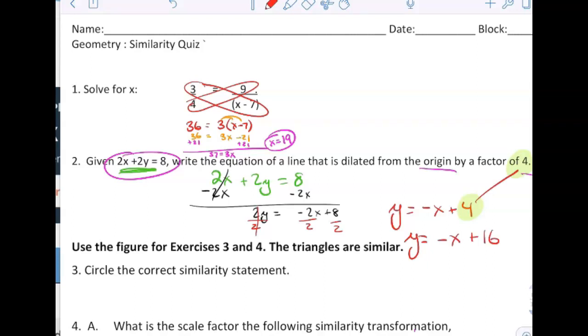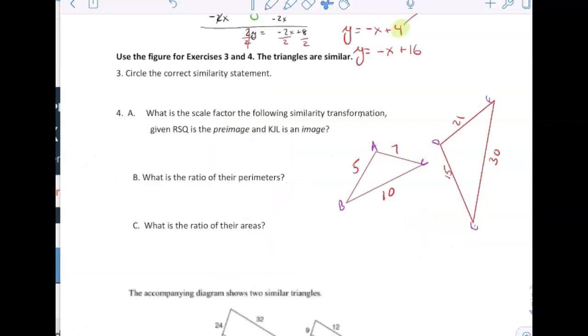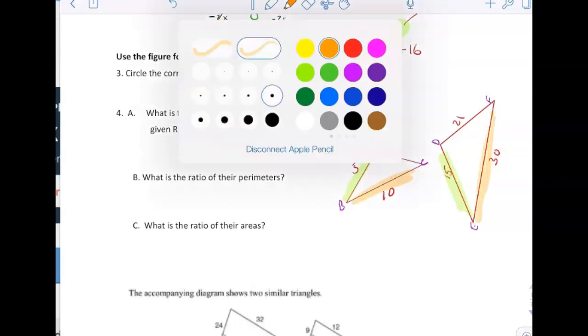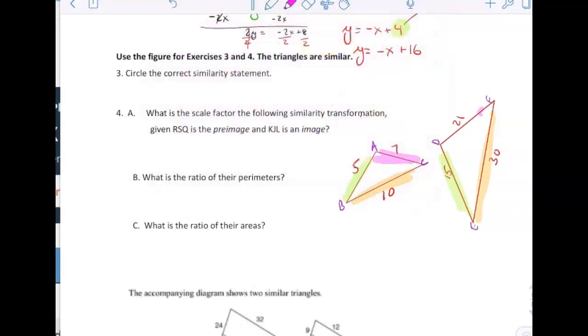Only dilate the y-intercept. If you're given two triangles and it gives you the proportions, you can tell that 5 became 15, 10 became 30, and 7 became 21. So even though they're not facing the same way, it's kind of just like this.